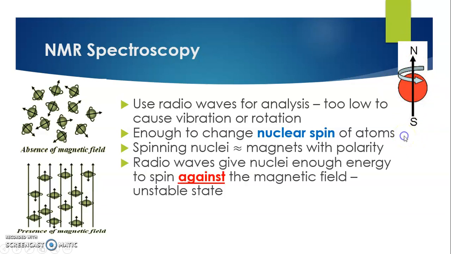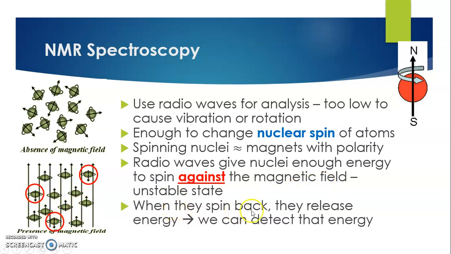Right? So when we apply radio waves to nuclei, they will have enough energy to spin against the external magnetic field that we apply onto them. Okay? So we put them through a magnetic field and then give them radio waves. Some of them will be able to spin against the field that we applied.